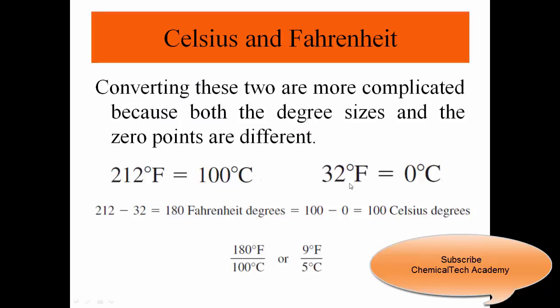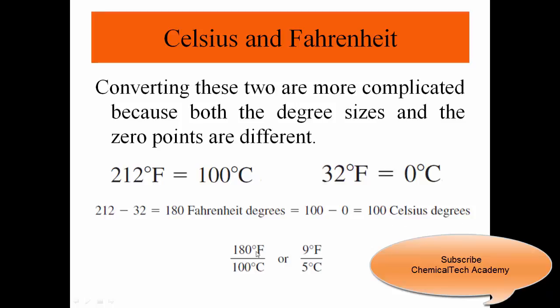So 0 degrees Celsius is equivalent to 32 degrees Fahrenheit, and 100 degrees Celsius is equivalent to 212 degrees Fahrenheit. If we subtract 32 from 212, we have 180 degrees, and here 100 minus 0 is 100 Celsius degrees.